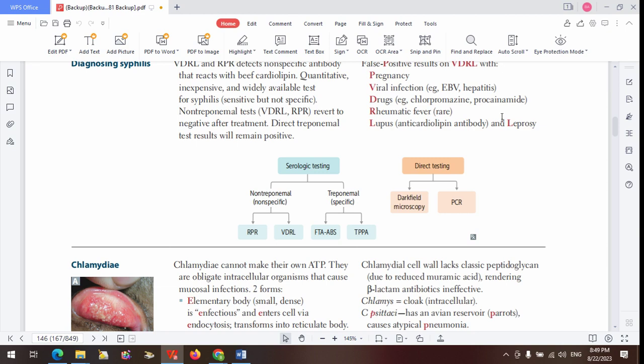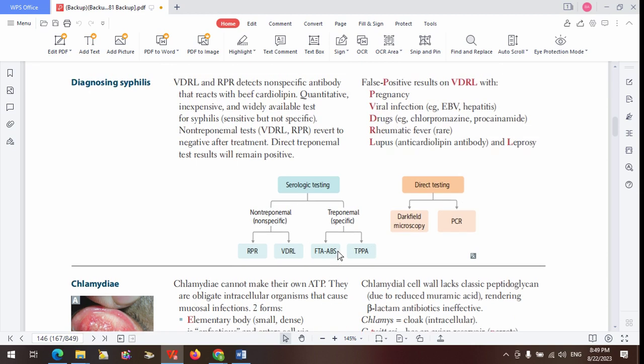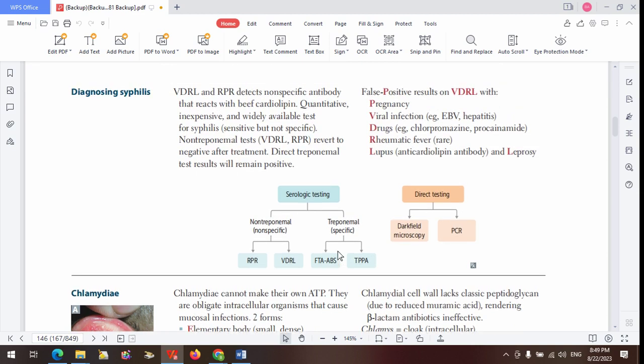For the primary infection, particularly, you just screen with the VDRL test. But if you want to start making a diagnosis of secondary and tertiary infection, you need to use something better, which is the treponema specific test, FTA and then TPPA. They are very good for diagnosing secondary and tertiary infection, particularly to rule them out.